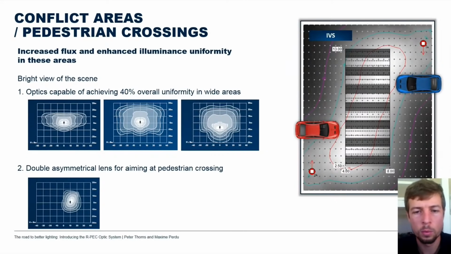You need to have a bright area where you can have the conflict between pedestrians and drivers, but also good uniformity over the whole place. That's why both these criteria have been taken into account to develop our optic.